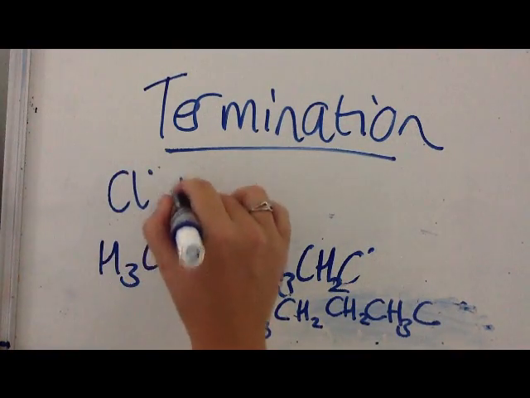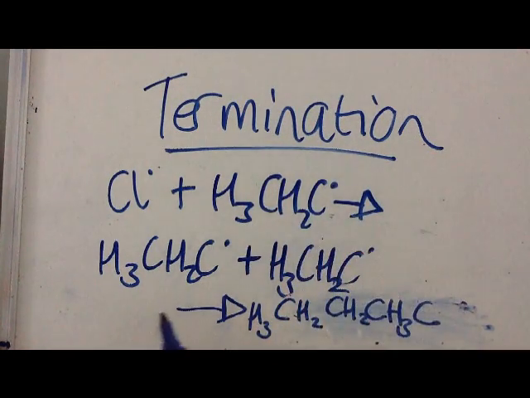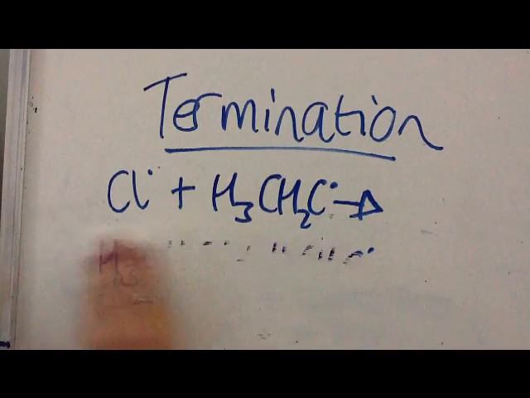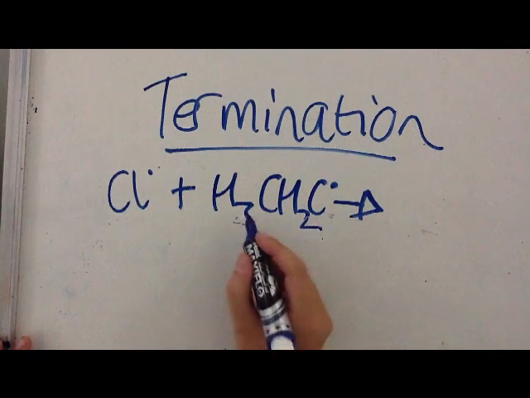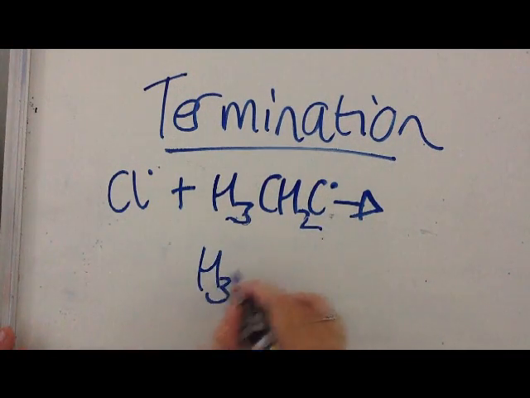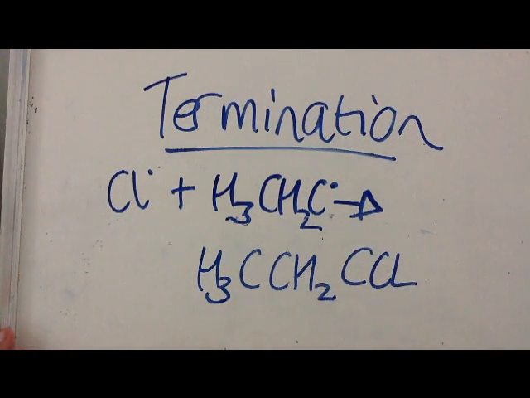So we could have a Cl free radical added to our carbon free radical, and we can make CH2Cl there, which is our product.